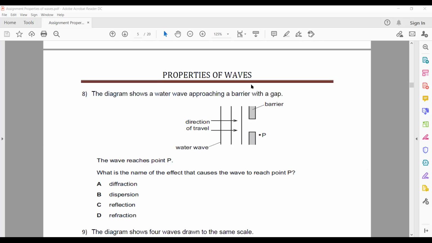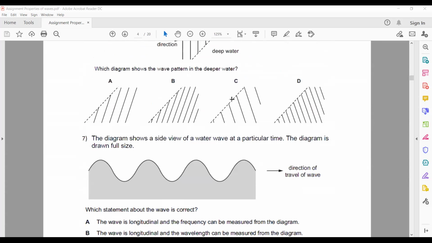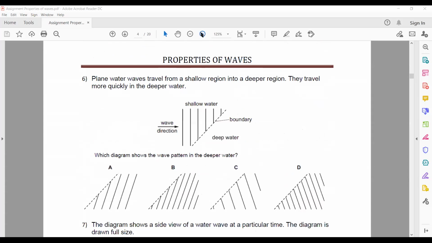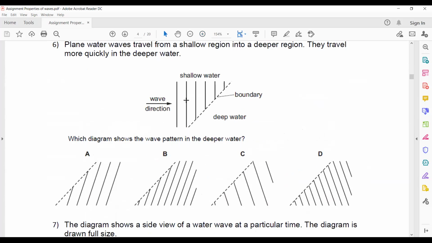Look, Yusuf, in this question, they ask you to identify the pattern of the wave in a deeper region. In a deeper region, the wave travels faster. These are the wavefronts. If the wave is moving faster, then the wavefront will be ahead in a deep region.